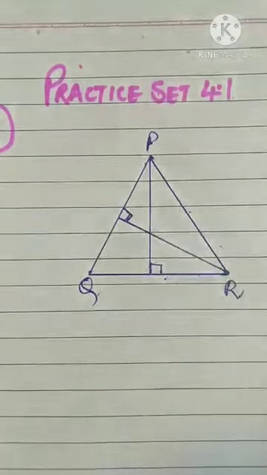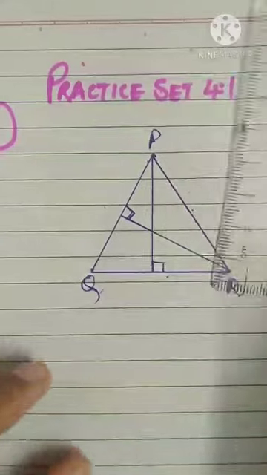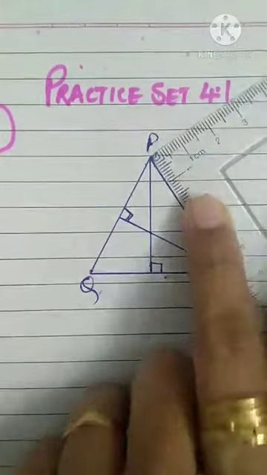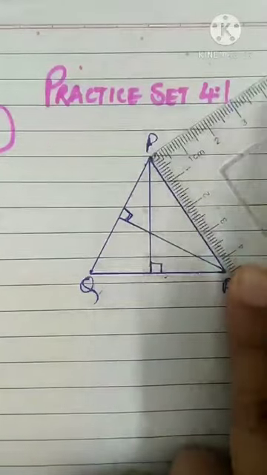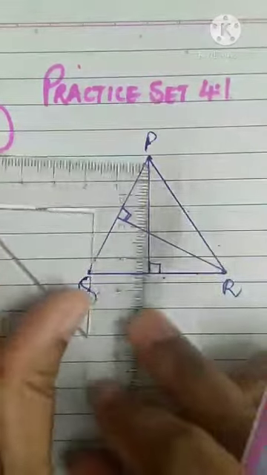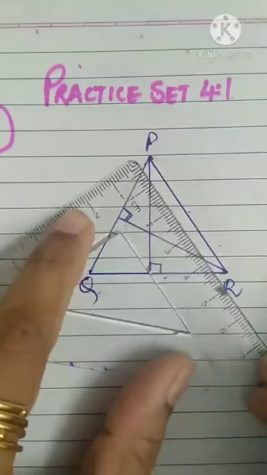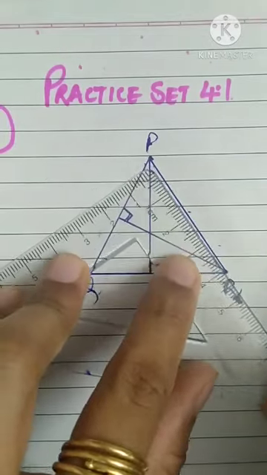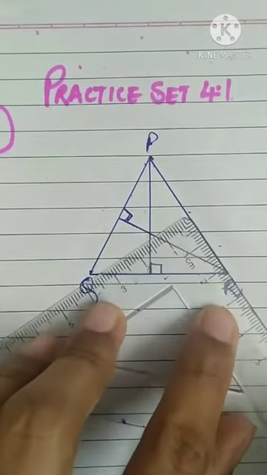Now the third side. So the base of the triangle should be here. If I keep it this way, it will never touch the opposite vertex Q, no? So I have to keep it this way. See, base on PR. Now slightly shift. Yes.